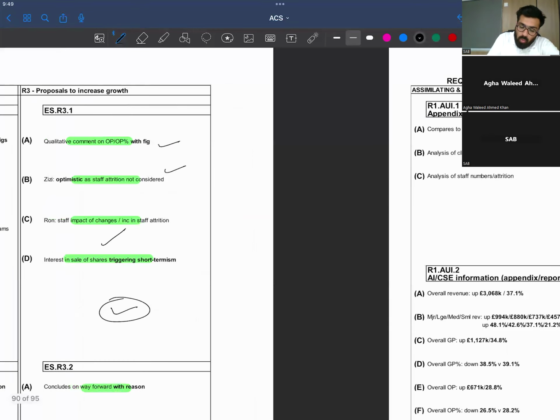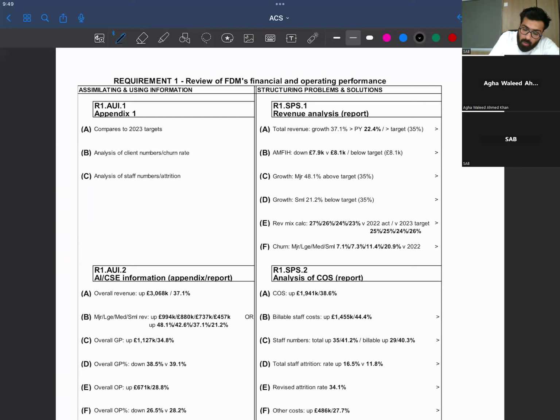Now coming back to requirement 1. In requirement 1, you have to compare the targets, right? Then you have analysis of clients. You have to do that. Analysis of staff numbers. This should be your appendix.